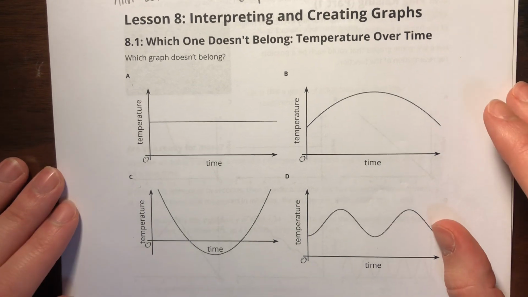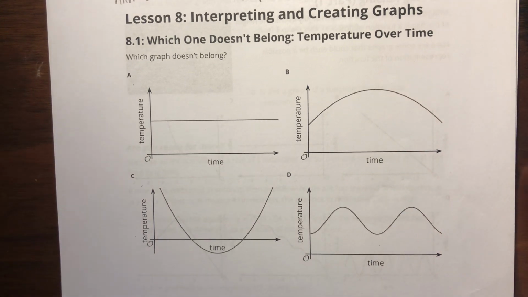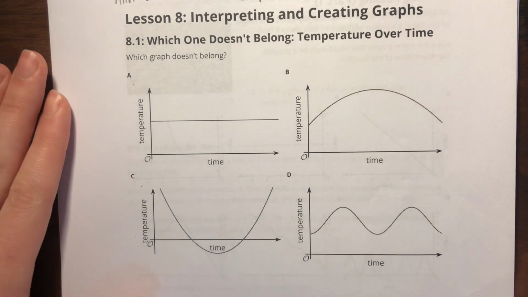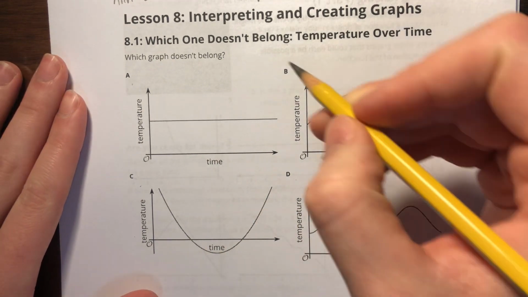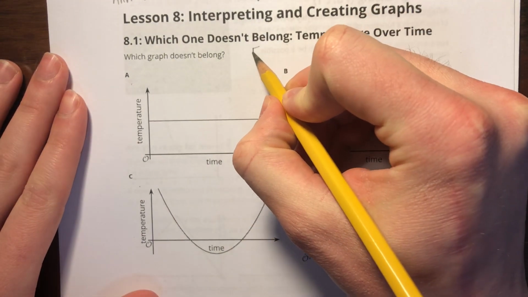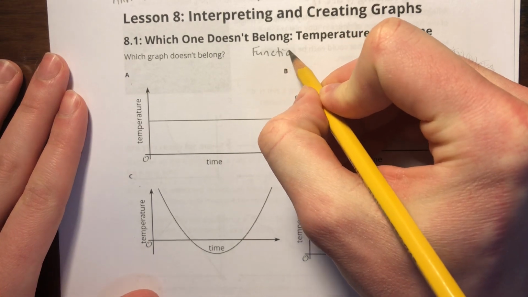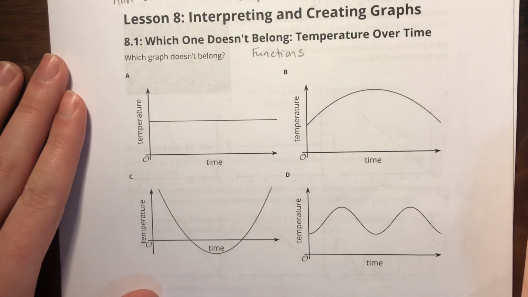One thing I do want to talk about that the textbook does not really talk about is that these all four are considered functions. So what does it mean for something to be a function?